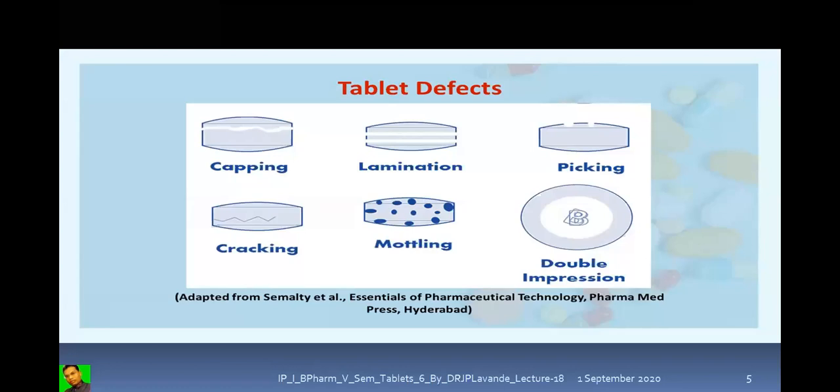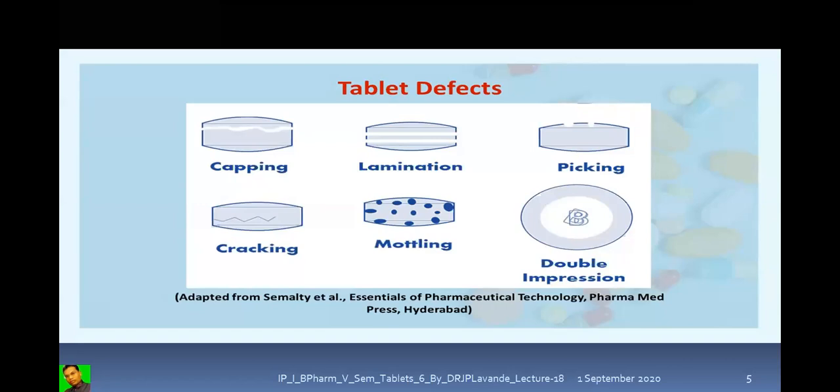Then we saw the details of how capping, lamination, picking, cracking, mottling, and double impression occur. What are the causes of those? And after knowing the causes, how can we go about getting solutions to these defects in the form of remedies?